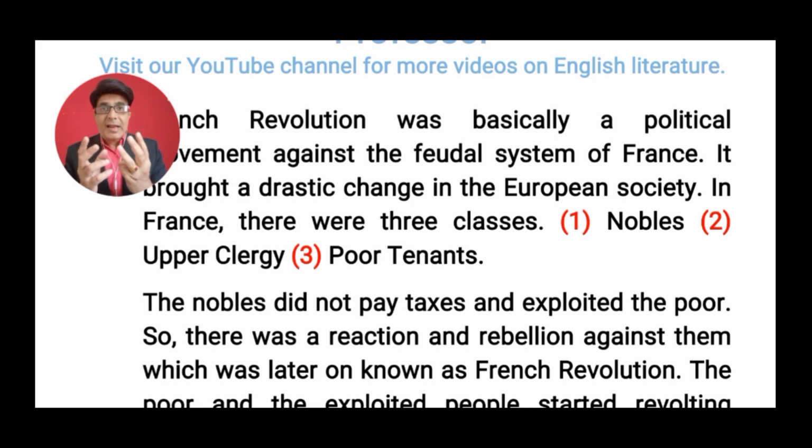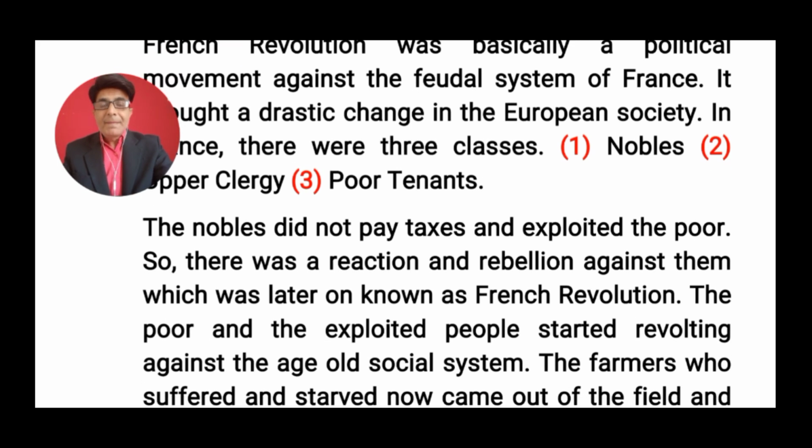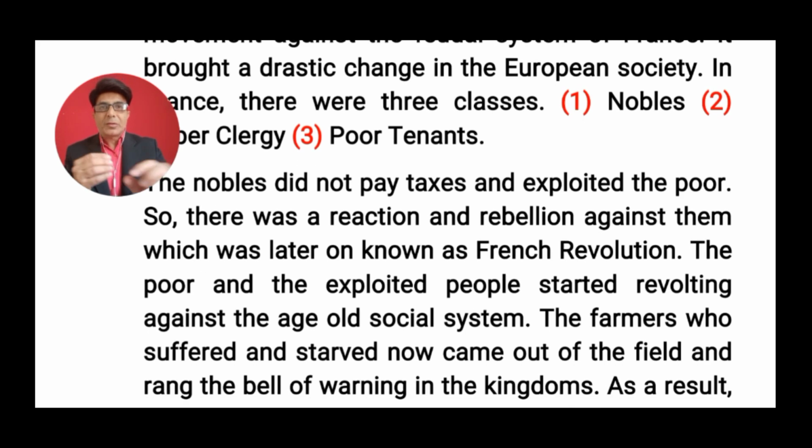In European society, particularly in French society, there were three classes: nobles, upper clergy, and the poor tenants. As I told you, the nobles did not pay taxes, and they continued exploiting the poor people, and that's why in 1789 there was a rebellion against the noble people, the rich people, which is known as the French Revolution.